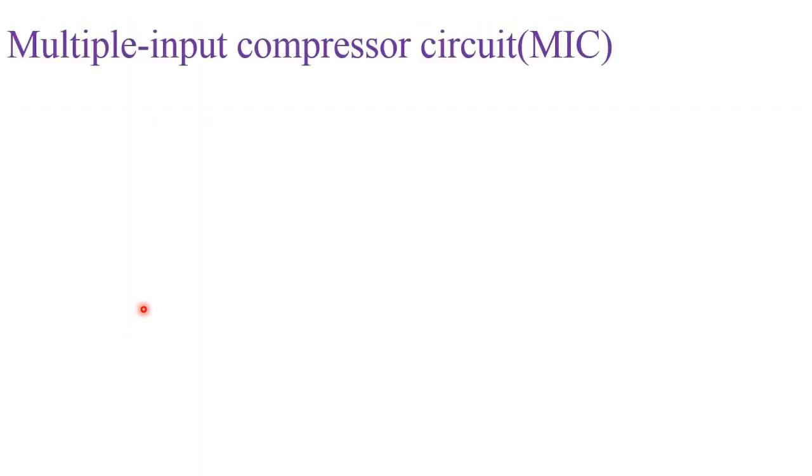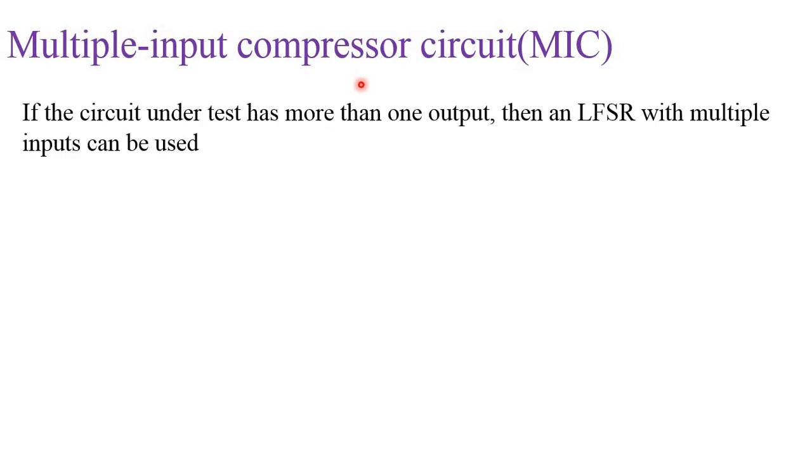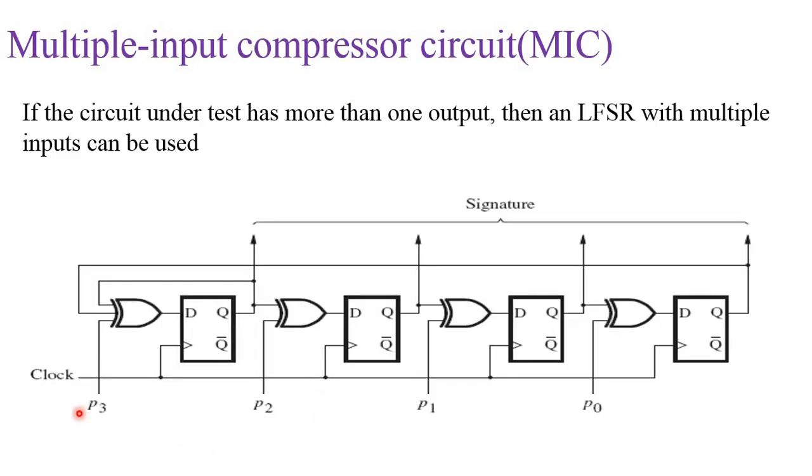But in the multiple input compressor circuit, we can simultaneously apply the test vectors, that means P0, P1, P2 and P3, and it generates the vector. That is, if the circuit under test has more than one output, then by using the linear feedback shift registers we can construct a multiple input compressor.